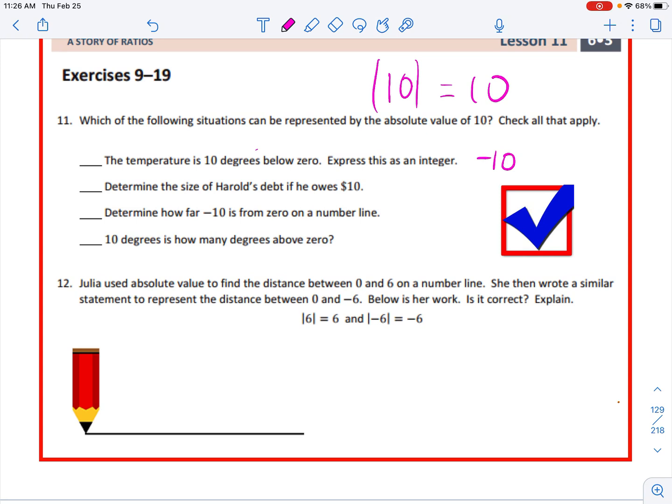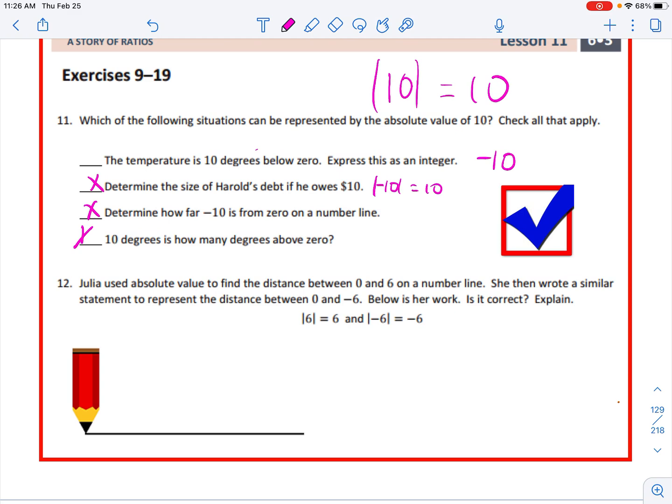The next one says, determine the size of Harold's debt if he owes $10. The absolute value of -10 equals 10, so that one does. Determine how far -10 is from 0 on a number line. It is 10 units away, so that one also applies. And 10 degrees is how many degrees above 0? That is 10, so that one also applies. So the only one that didn't apply was the first one.